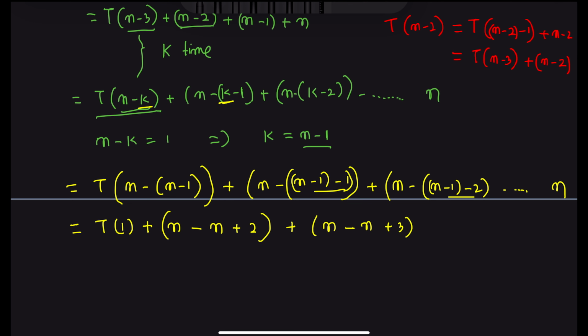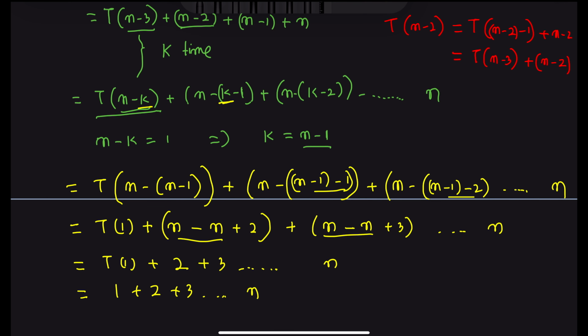This will go until n. If we solve this, we will have T(1) plus 2 here, and this will also get cancelled, we will have 3 here, and this will go until n, and we have the value of T(1) equal to 1. This was the termination condition, so we can write it as 1 + 2 + 3 up to n.